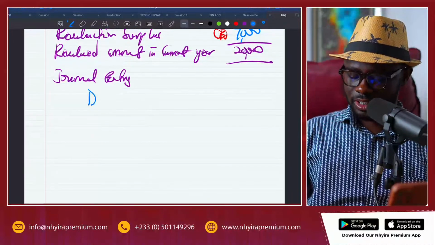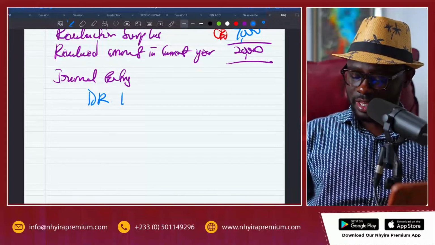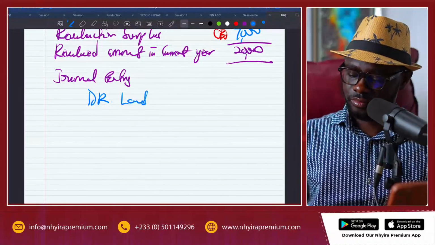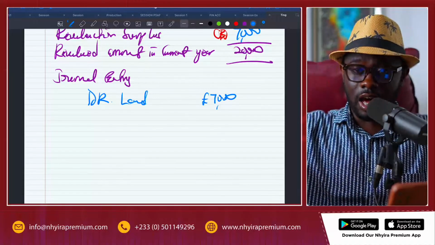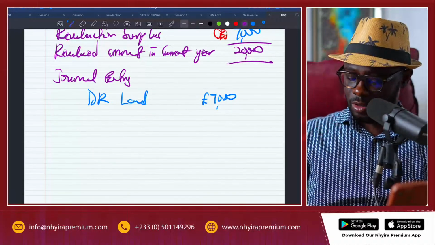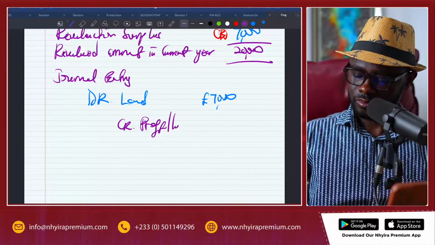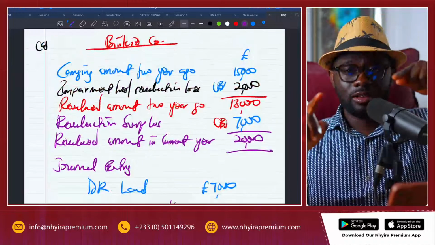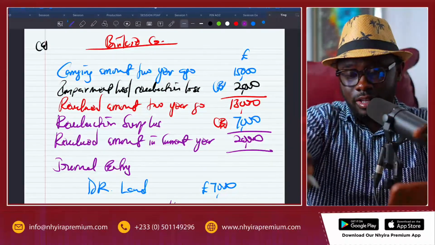Yes, the asset is going up in value, so we're going to be debiting the land with £7,000, the value that it is going up by. But we'll first credit profit or loss with the impairment that was previously recognized, the 2,000.